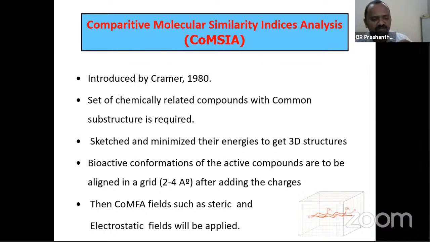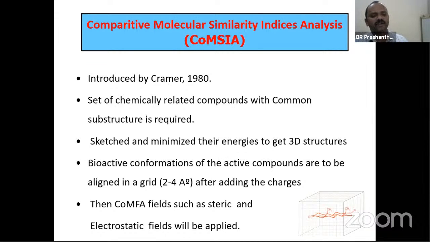Even in any 2D QSAR or 3D QSAR, we select a bunch of molecules, and we divide that set of molecules into a training set and a test set.